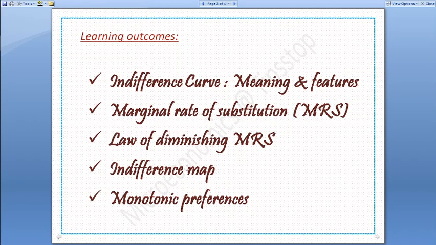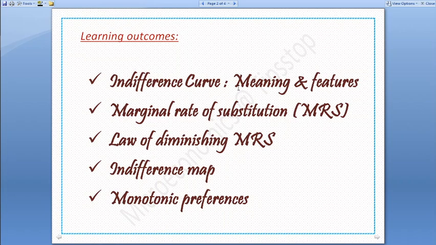Let me go back before we continue. What we've learned about the meaning of the indifference curve: it's a curve that shows different combinations of two goods, bananas and mangoes, which give equal satisfaction to the consumer. No matter on which point on that curve you are, you are indifferent.